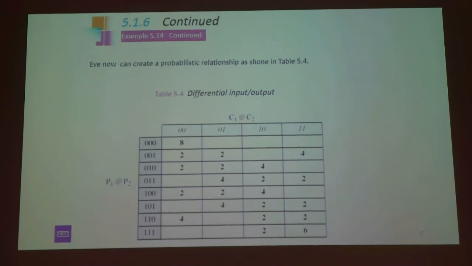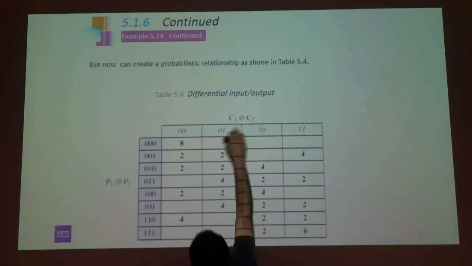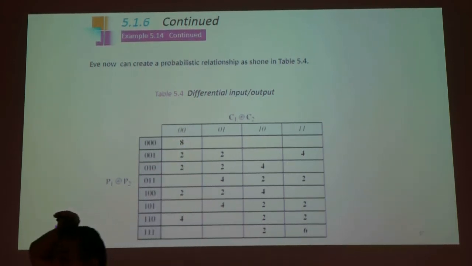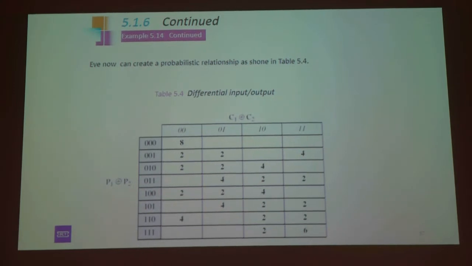So the question is, if I have the cipher 0, 0, what is the chance that the input is 0, 0, 0? 100%, right? That means 8 choices.